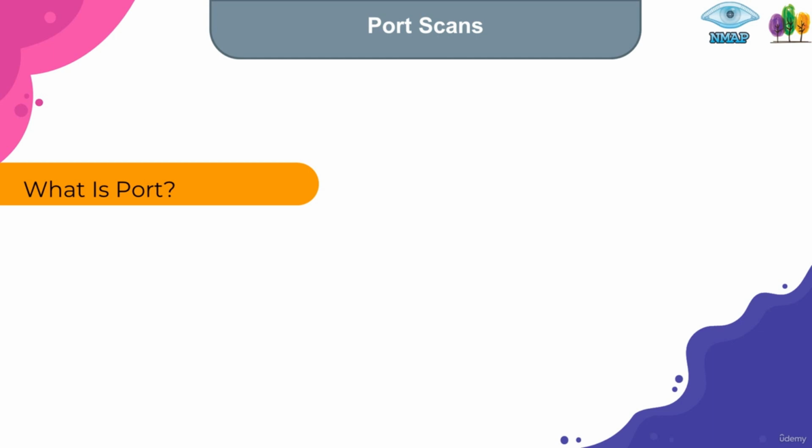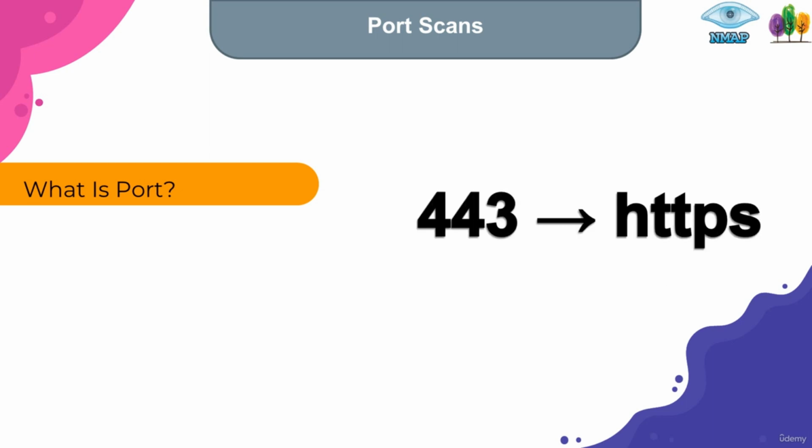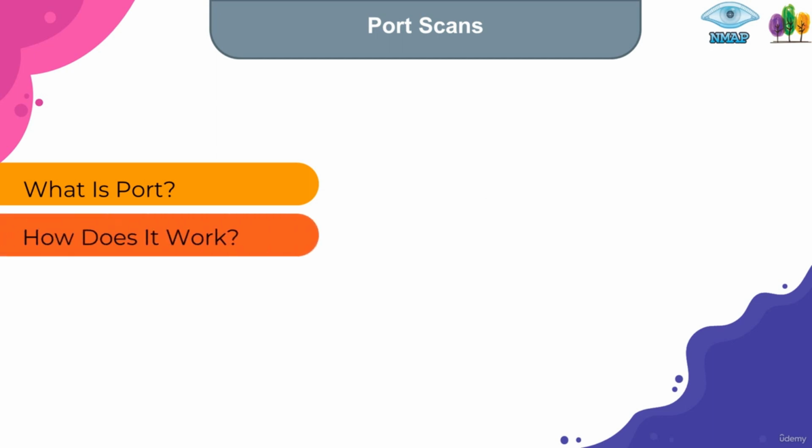It completes the destination or source network address of a message. Certain port numbers are used for specific services. For example, port 80 is used by HTTP, and port 443 is used by the HTTPS protocol. This way the packet can be easily transmitted to the running application.